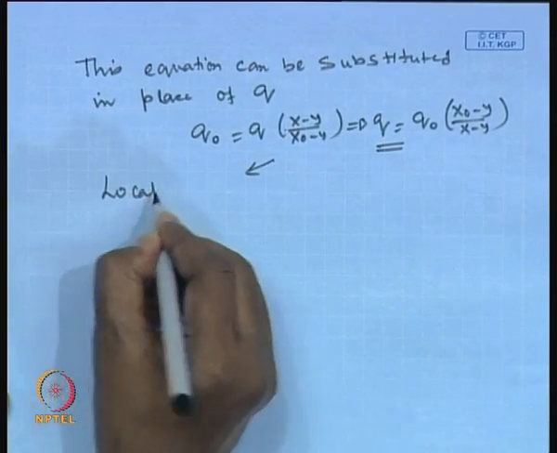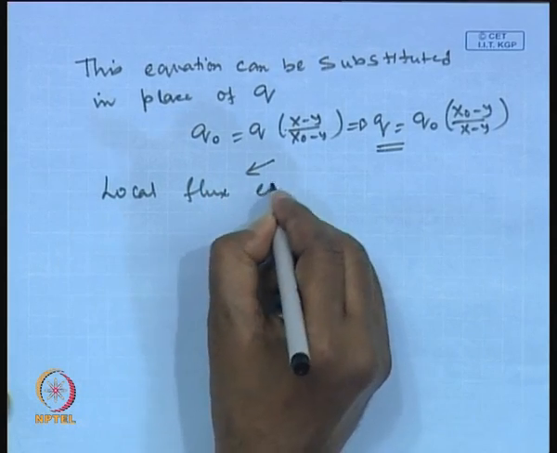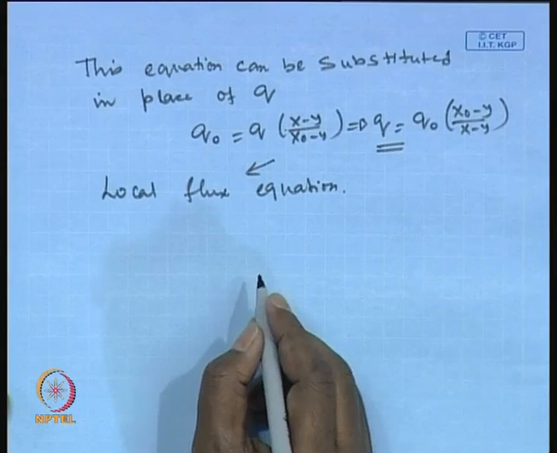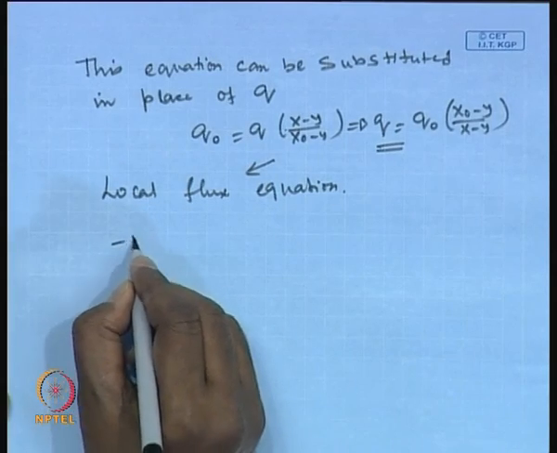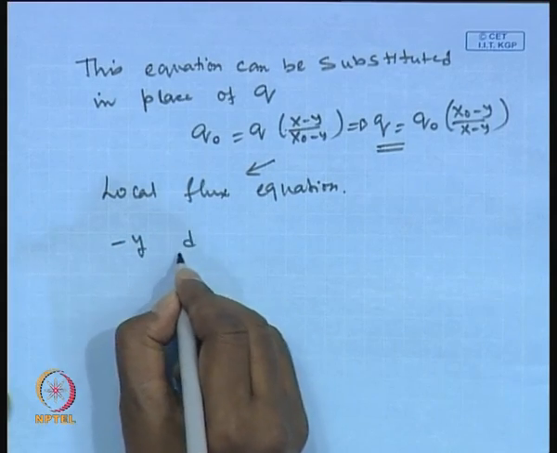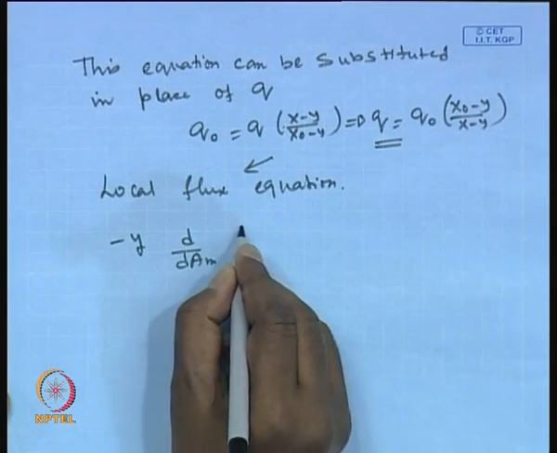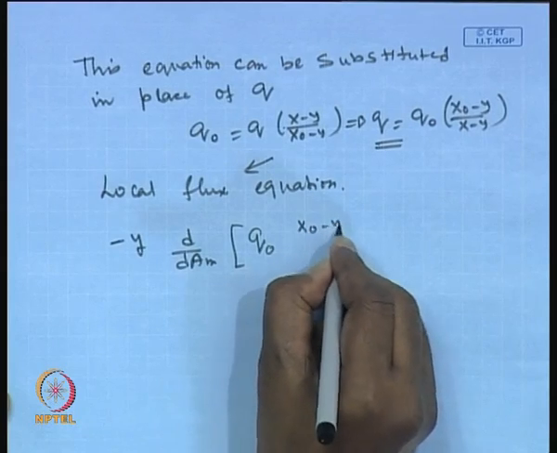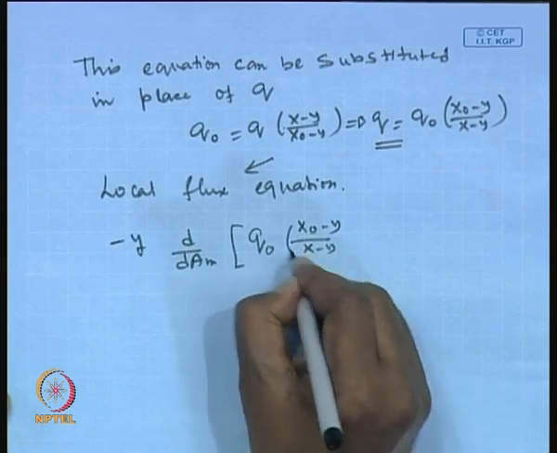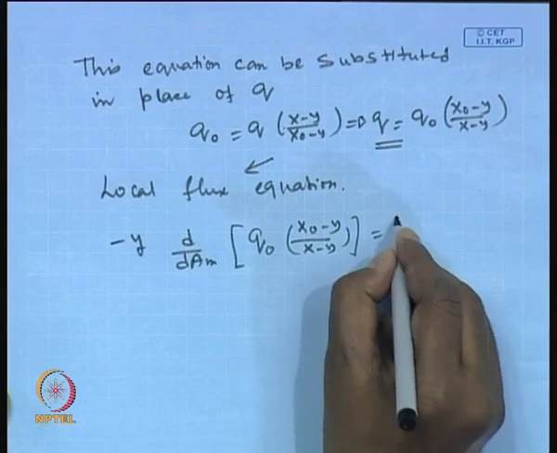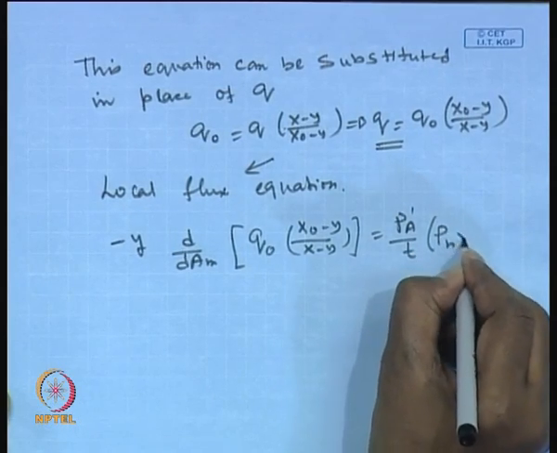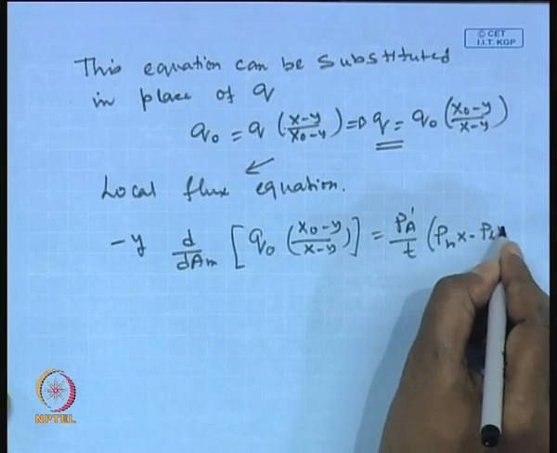local flux equation, which is nothing but a differential equation. If you do that, you will be getting minus y d dAm times q_0 (x_0 minus y) divided by (x minus y), okay, is equal to P_A prime divided by t (P_H x minus P_L y).